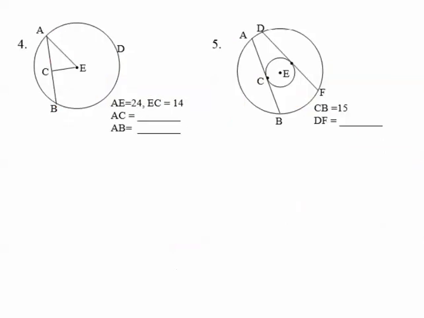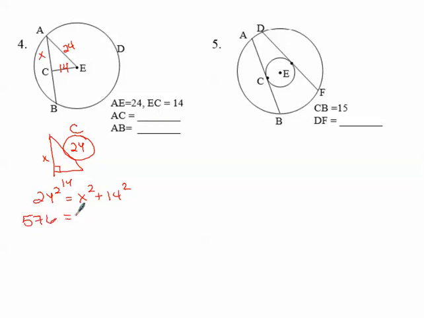So let's look at the last two problems. If I look at 4, AE is 24. EC is 14. And then it says, how big is AC? I can see that right triangle sitting right there, and I need to label my C, my hypotenuse. 24 squared equals x squared plus 14 squared. 24 squared is 576. 14 squared is 196.